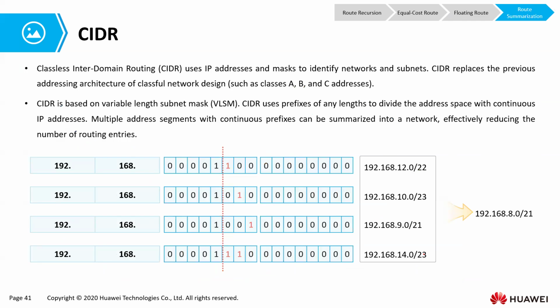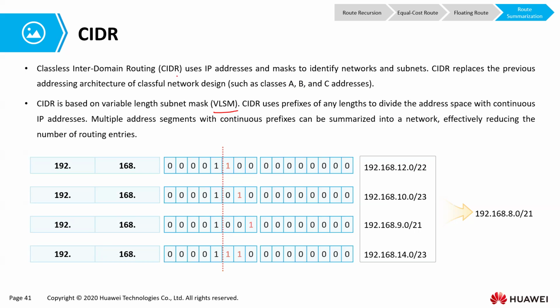CIDR, classless interdomain routing. When I look at this, I think of VLSM. So this is basically a method of efficiently allocating IP addresses, efficiently designing my subnets edu.